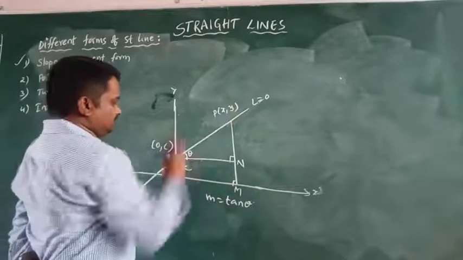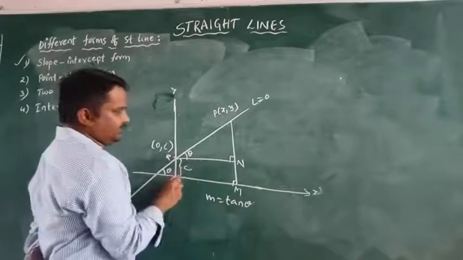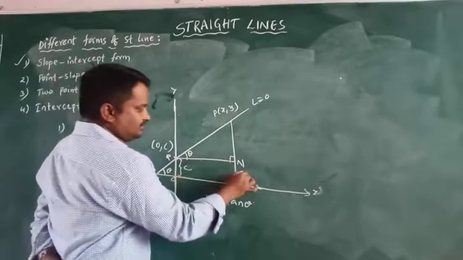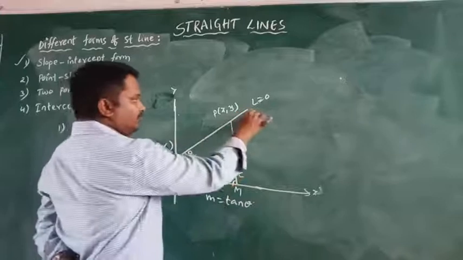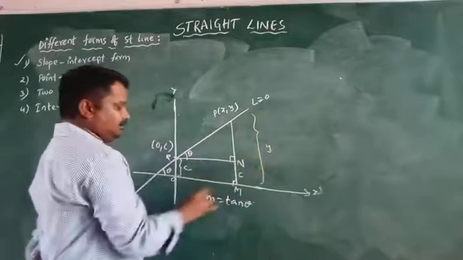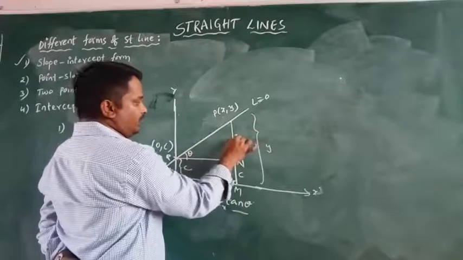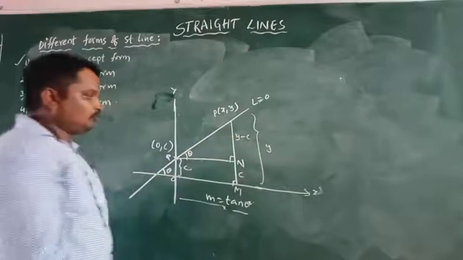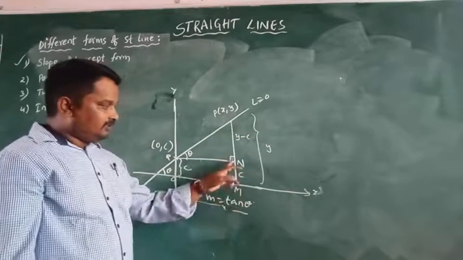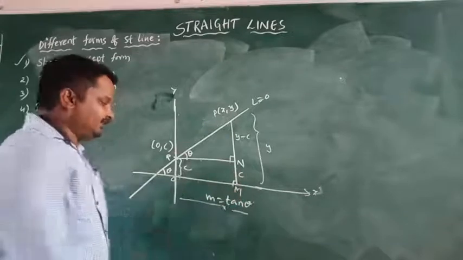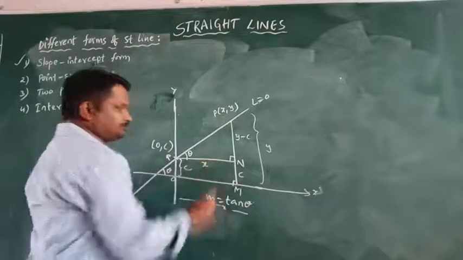This distance is c units, and this is also c units. From the ordinate, this is y and this is x. So what is this value? Y minus c, since the total is y and we subtract this part. This is x.